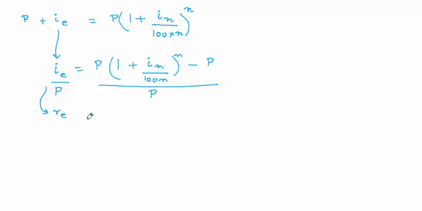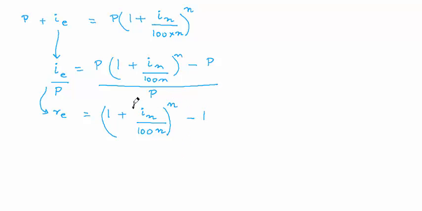So the rate is equal to P and P and P, these three P's would cross off. The common factor on the numerator crosses off with the P on the denominator. We have 1 plus the annual nominal rate divided by 100 times n, the number of times it's done in a year, raised to the n, minus 1.